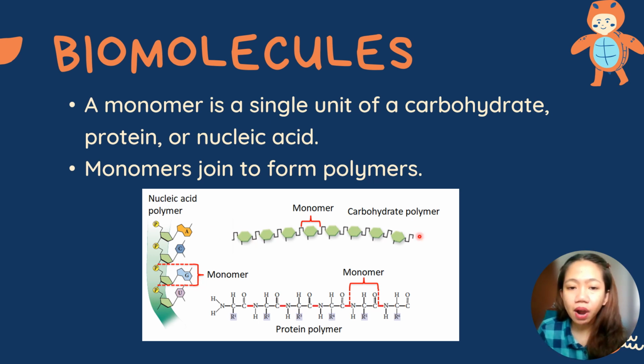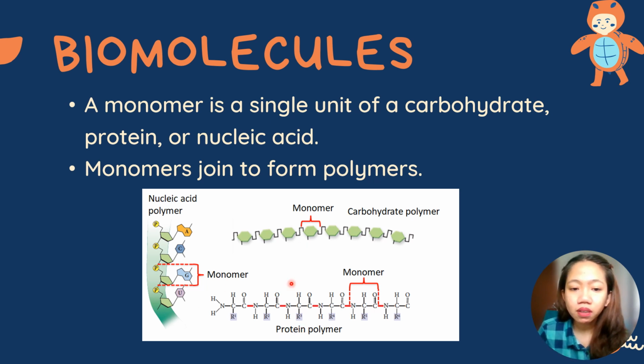Looking at the carbohydrate polymer, you can see here that it's made up of repeated structures, which is considered a polymer, while the individual unit of the polymer is considered a monomer. So mono means one, poly means multiple.